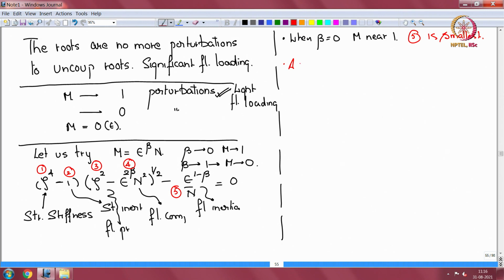Next, as beta increases, that means m is starting to come down.